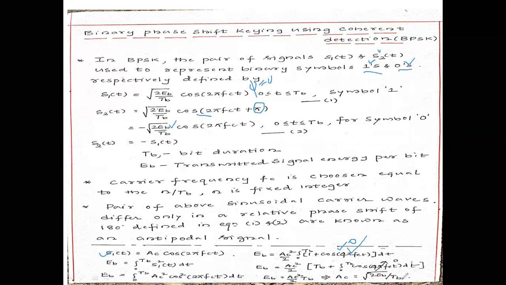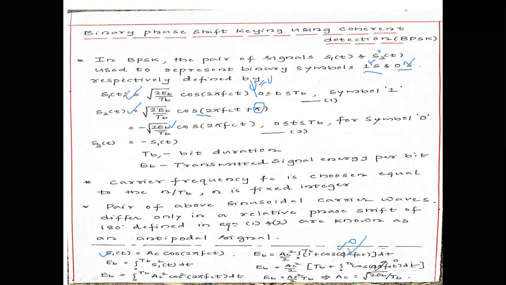Now let us substitute this Ac for both S1 of t as well as S2 of t. So S1 of t is square root of 2Eb divided by Tb times cos 2 pi fct, and S2 of t is equal to this into cos 2 pi fct plus pi, and cos of 2 pi fct plus pi is minus cos 2 pi fct. So you will get minus this term into this term.